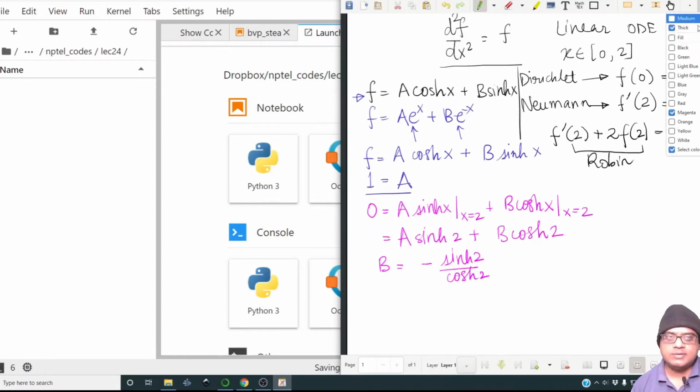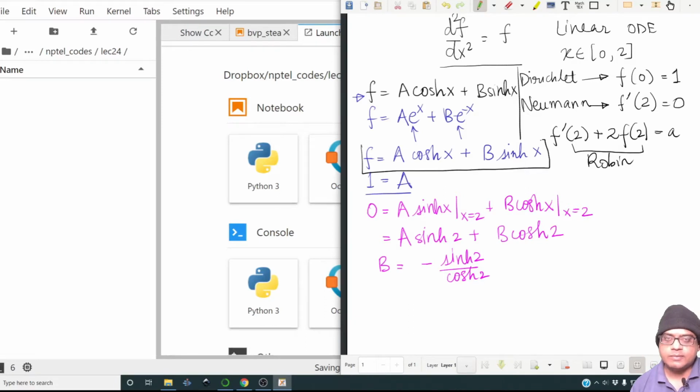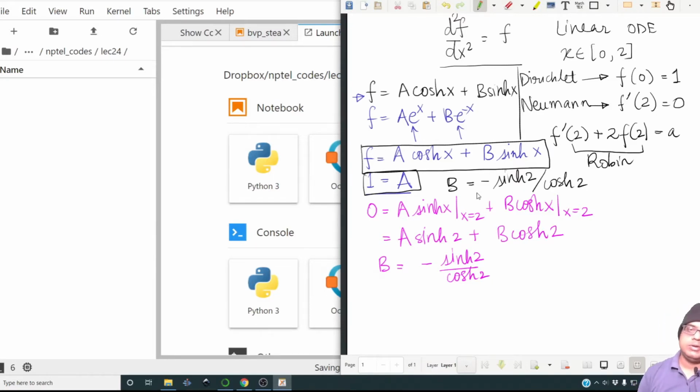So combining this, this is the solution, where a is 1 and b is minus sinh 2 upon cosh 2. So we could write down the expression by substituting all this over here, but because we're going to plot it in Python anyway, or Octave as you like, we're not going to bother much about that.